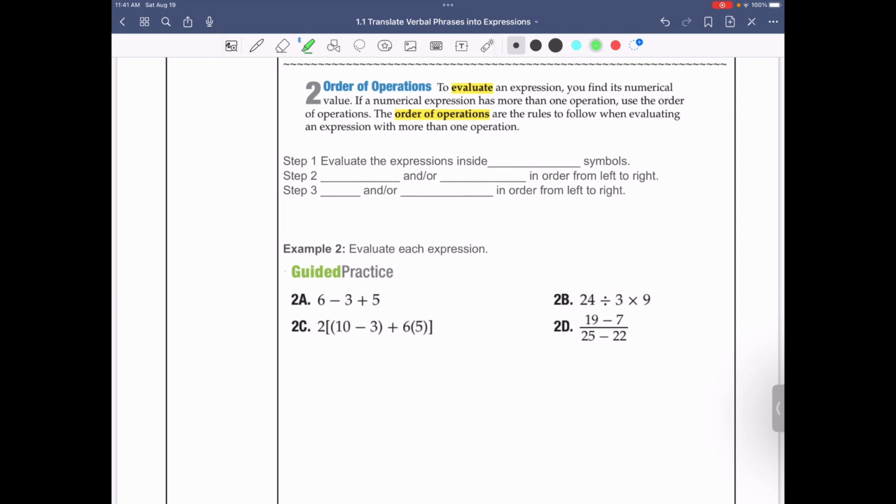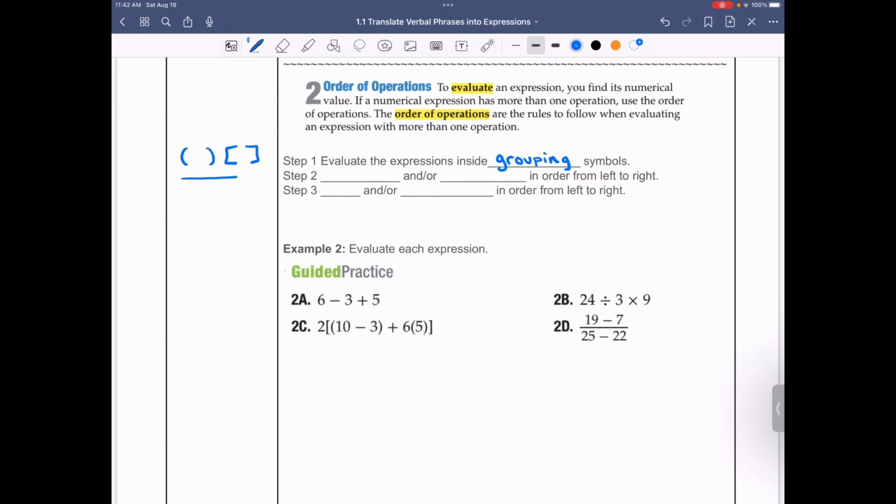The order of operations are the rules to follow when evaluating an expression with more than one operation. So the first thing that we do is we evaluate the expressions inside grouping symbols. And grouping symbols can be parentheses, and they can also be brackets, and they can also be big fraction bars.